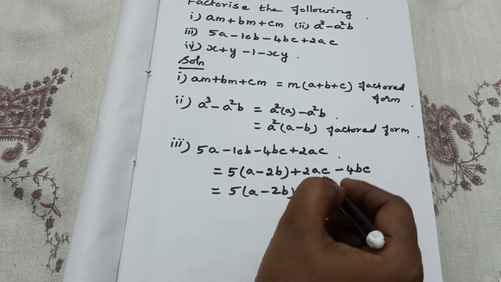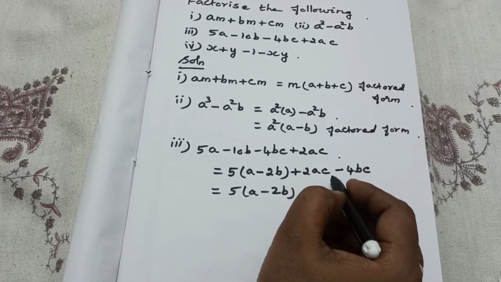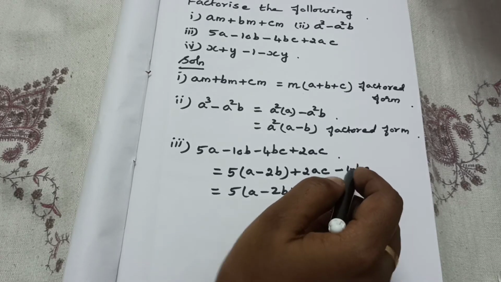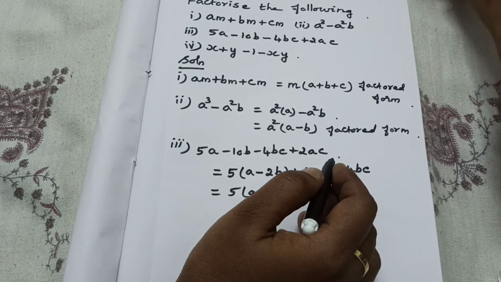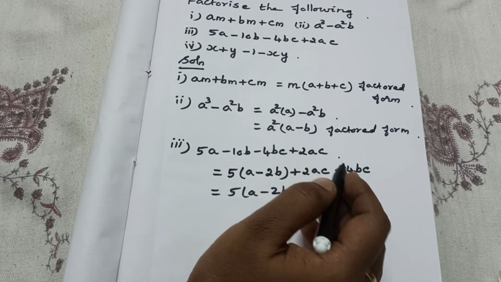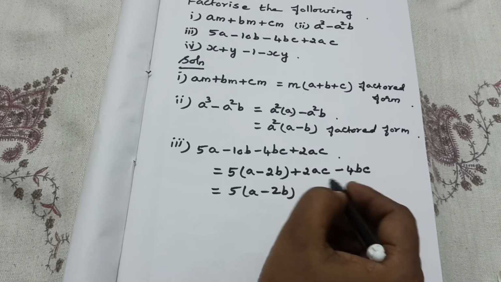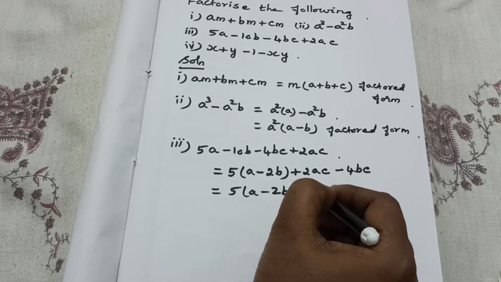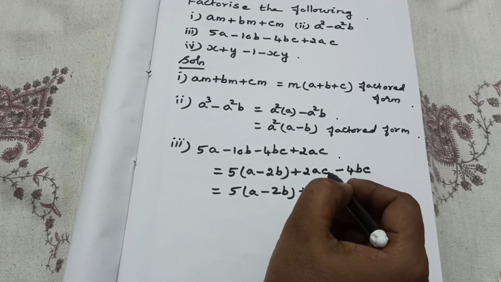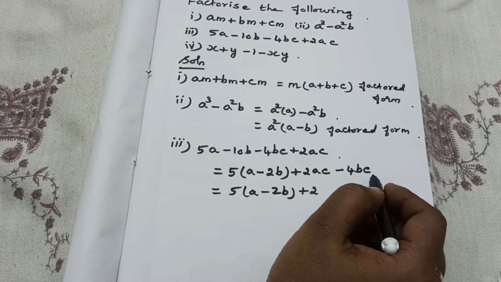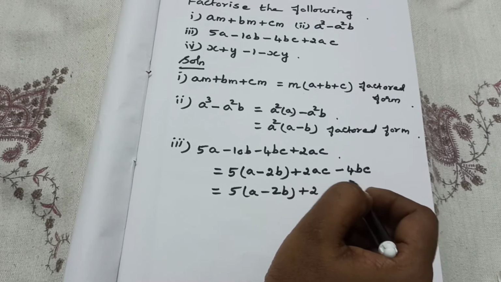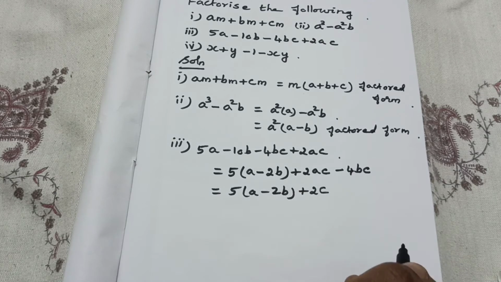Then here compare these two terms. Which is common here? C is there, isn't it? Then 2 is common. Then plus 2 common we have to take outside. C also, both terms have it, isn't it? C also common we can take outside.